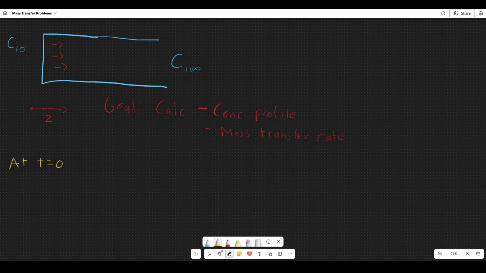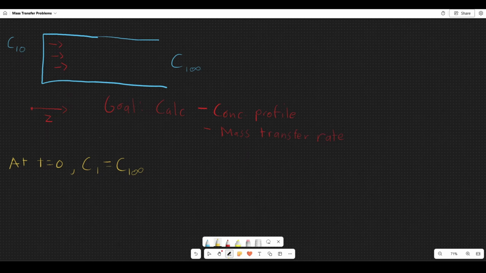Everywhere across the block, right at the beginning of time, it's C1 infinity. Another way this might be worded is before the block is placed in a solution, the concentration is uniform. And so what that would imply is that C1 equals C1 infinity, for all z's.